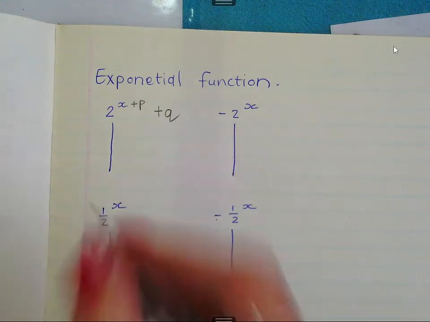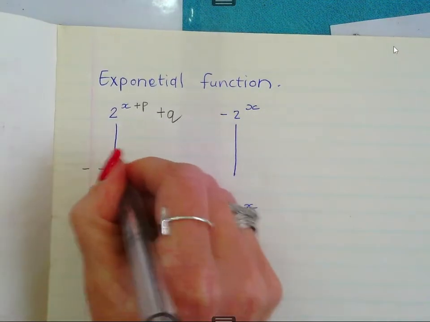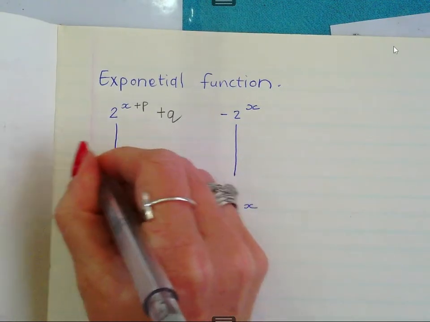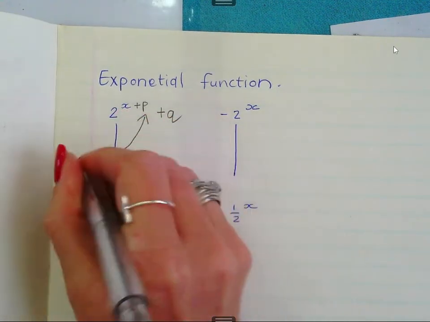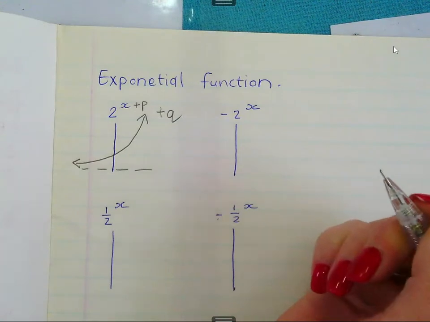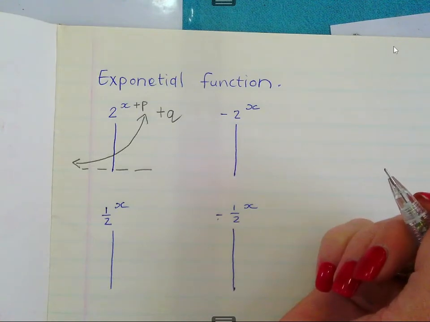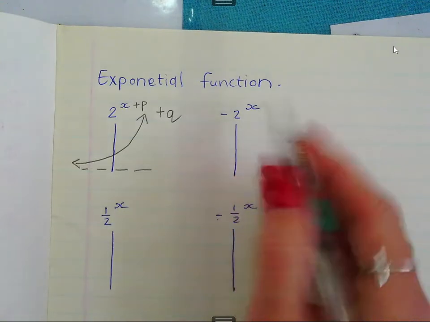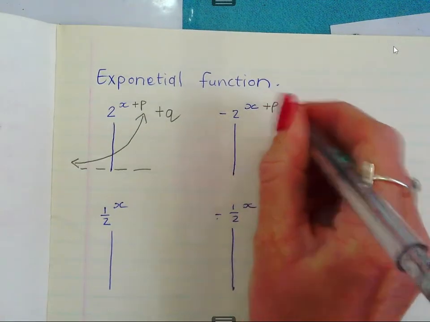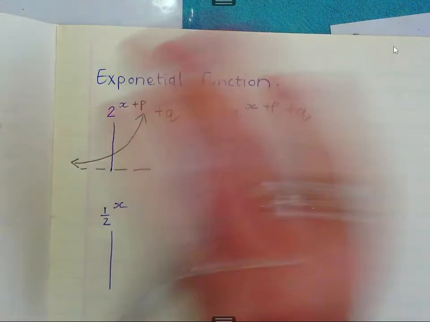I see a few of you that know. The asymptote will be below it. The graph will start at the bottom and it will go up. Okay. If it was negative 2 to the power of x, it can be plus p and plus q. Doesn't matter what happens there.